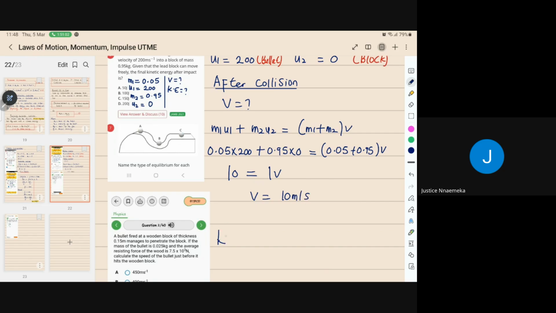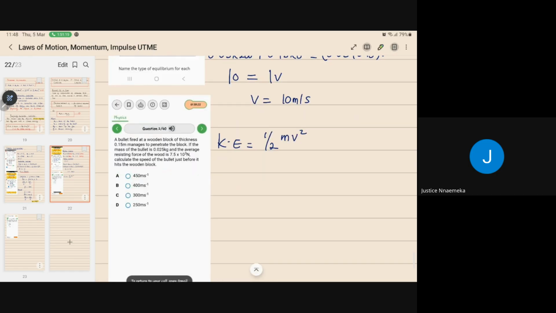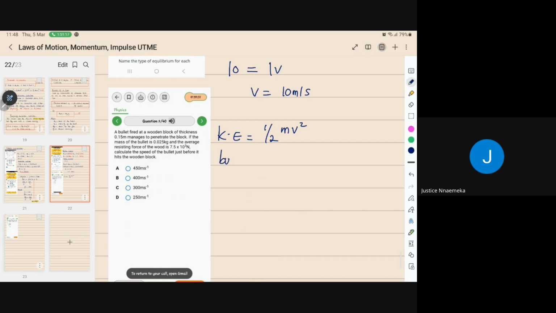Now recall that kinetic energy will now be equal to 1 over 2 m, we are going to put their masses together, right? M V squared, right? But M will be equal to M1 plus M2.